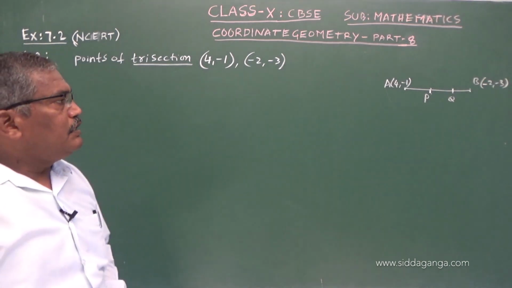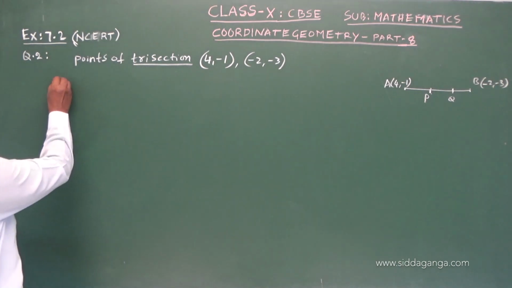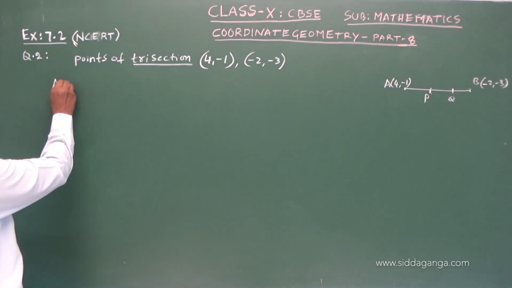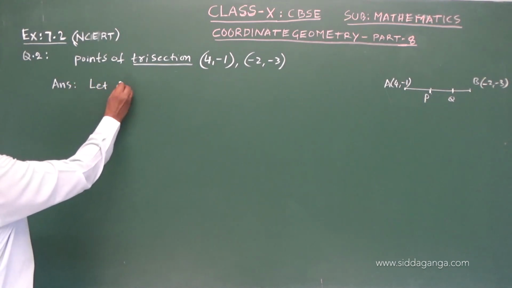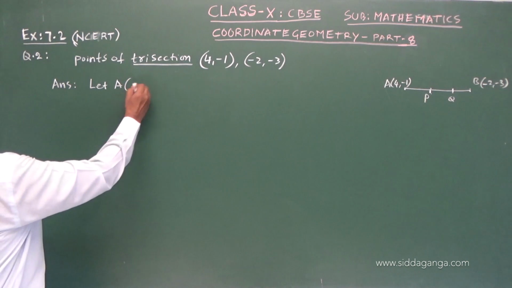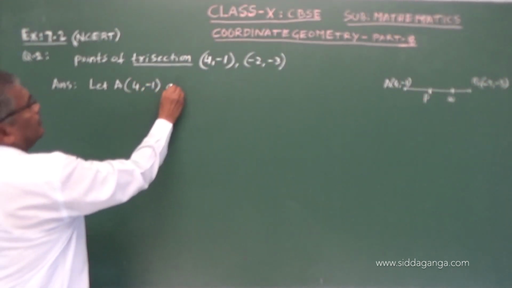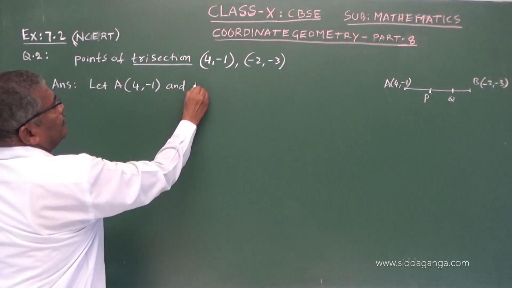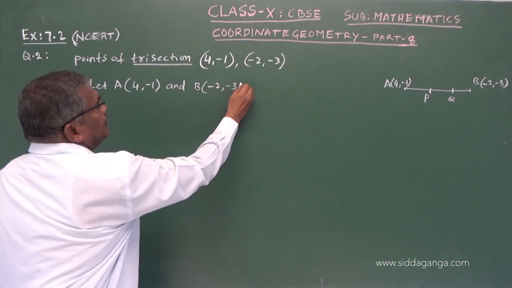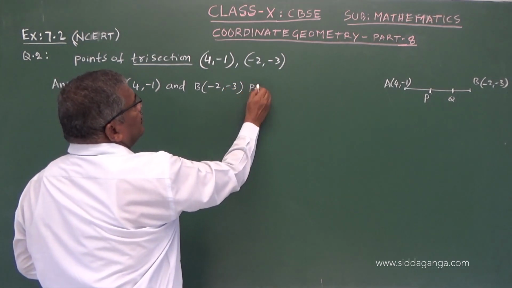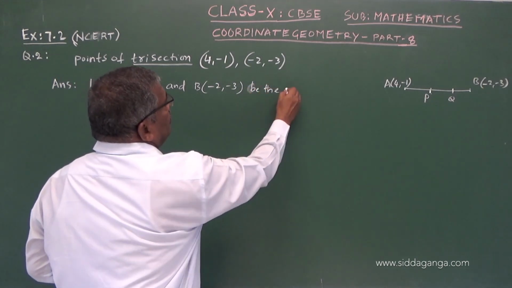That is the meaning of points of trisection. So therefore we shall start like this. Answer: let A (4, minus 1) and B (minus 2, minus 3) be the given points.